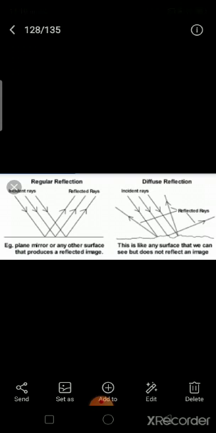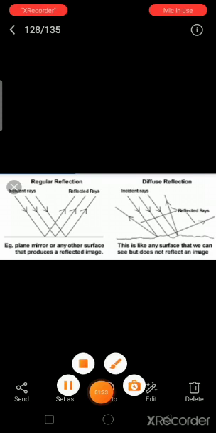The calm surface of a lake or the highly polished surface of a sheet of metal are examples of regular reflection. This type of reflection is called regular reflection. An ordinary flat mirror, also known as a plane mirror, also produces a regular reflection.